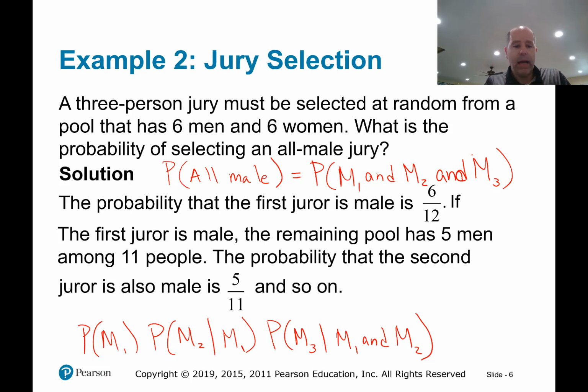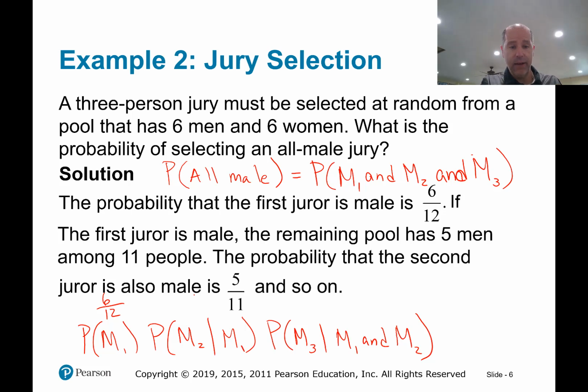Okay, so what's the probability that the first person is a male? Well, that's 6 out of 12. Now here's where the given part comes in: what's the probability of the second person being a male, given that I already got a male on the first draw? Well, we ask ourselves, how many men are left?